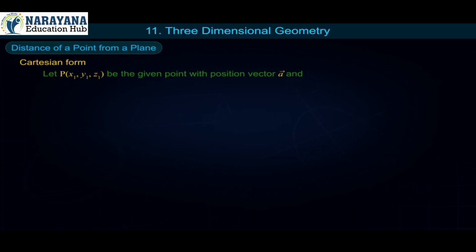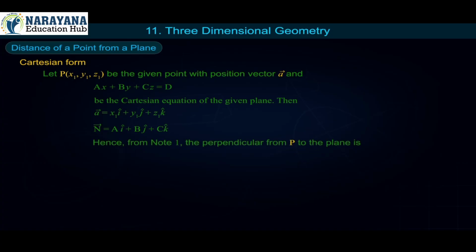Cartesian form. Let P(x1, y1, z1) be the given point with position vector a, and ax + by + cz = d be the Cartesian equation of the given plane. Then vector a = x1 i cap + y1 j cap + z1 k cap, and vector n = a i cap + b j cap + c k cap.